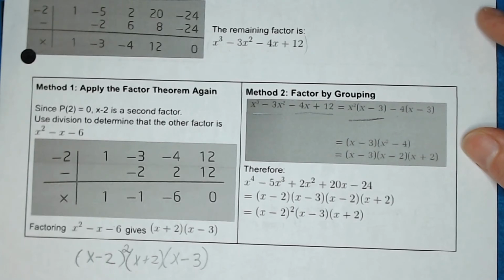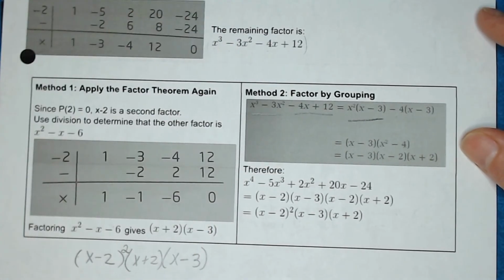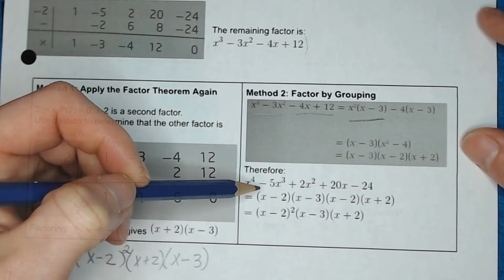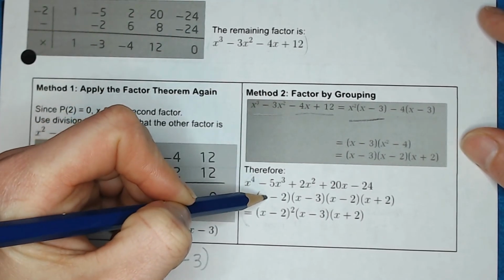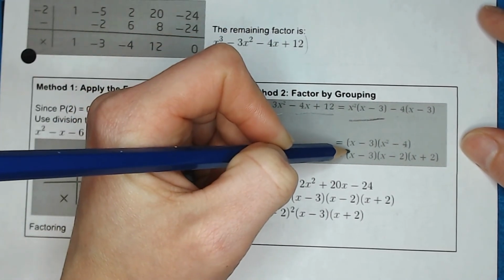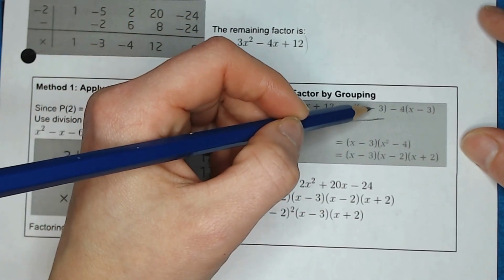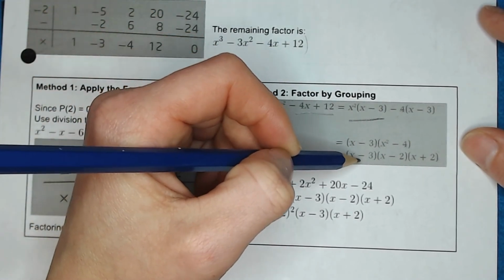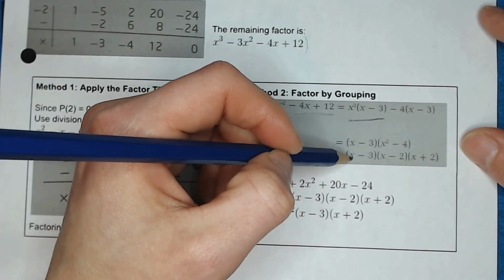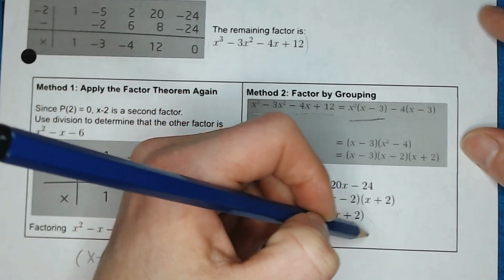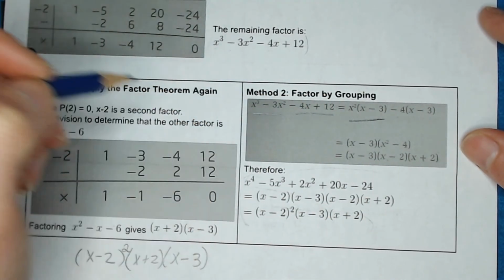And once that's done, you're able to come up with these factors and then produce this down here. So you know that x minus 2 is an original factor, and then solving this polynomial, x squared minus 4 and x minus 3 gives you these resulting factors, x minus 2 and x plus 2, as well as x minus 3. And all of these multiplied together will give you this original function.